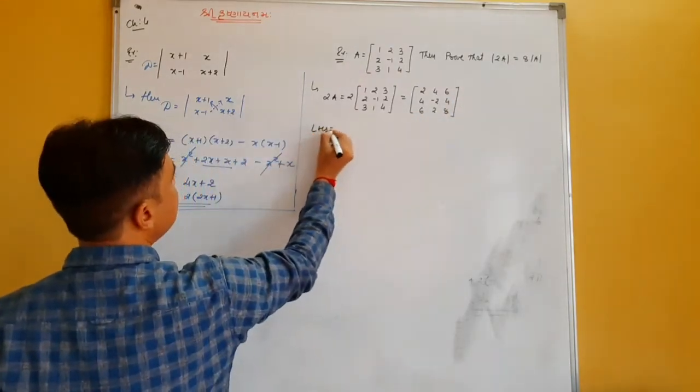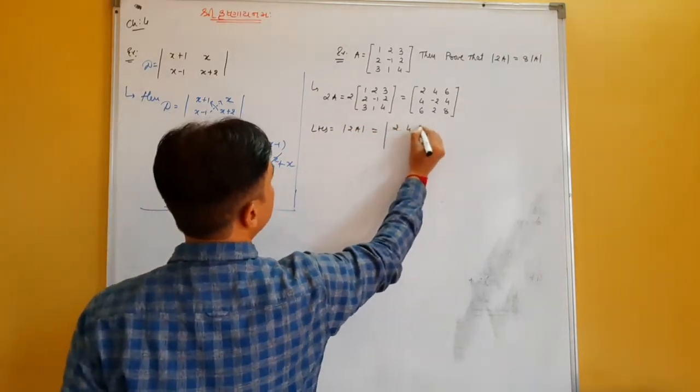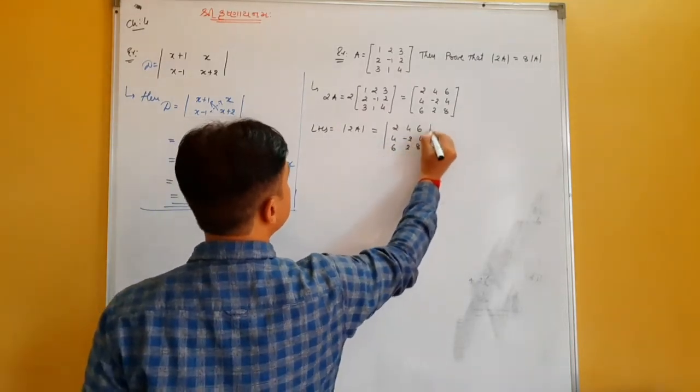Now the left hand side, the determinant of 2A, is 2 4 6, 4 minus 2 4, 6 2 8.